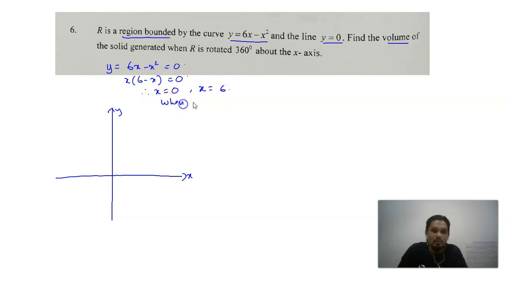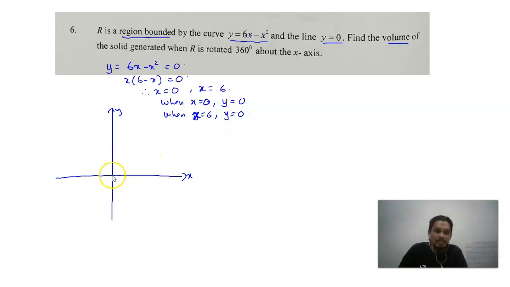So when x equal to 0, then y equal to 0, that is the point (0, 0). And when x equal to 6, 6 times 6 equal to 36, and also 6 squared is 36, then also y equal to 0.